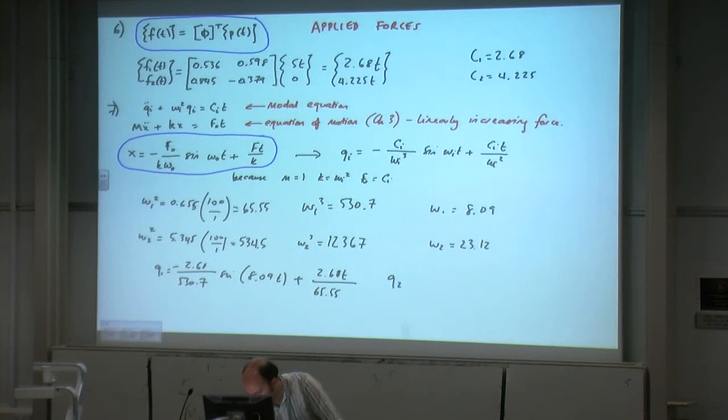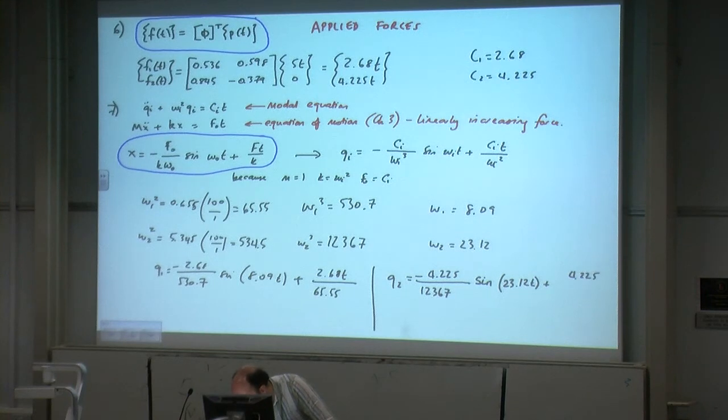And Q2 minus 4.225 divided by 12,367 sine of 23.12 times t plus 4.225 divided by 535, so it's 134.5.